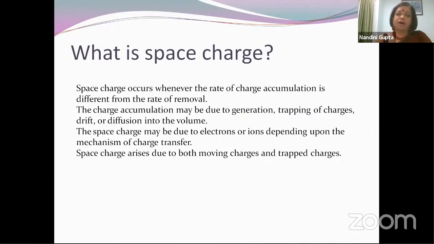Now, depending upon the direction of this space charge field with respect to the applied field, either the existing field may be exacerbated, that is, you add to the field, or the field may be mitigated, you might lower the field.